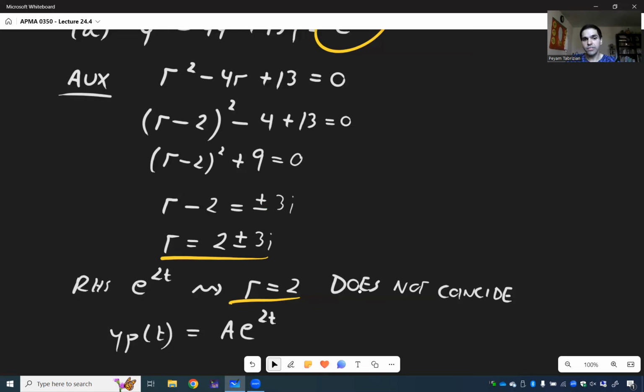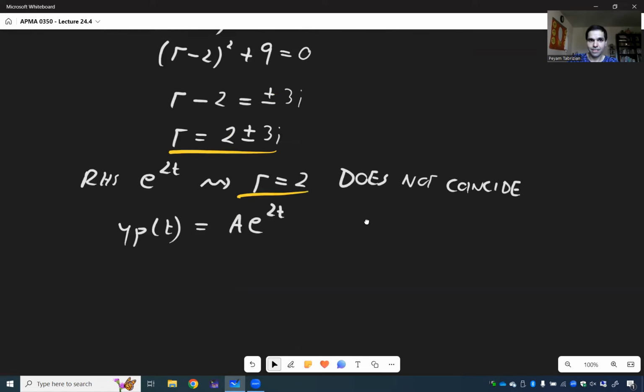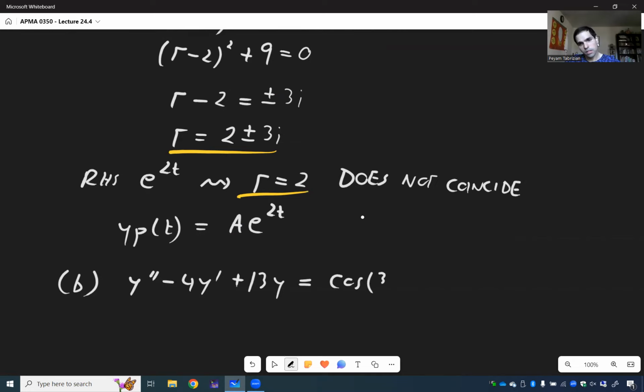All right, let's continue. Let's do y double prime minus 4y prime plus 13y equals cosine of 3t. Again, no need to reinvent the wheel. The homogeneous roots are 2 plus minus 3i. So now the right-hand side is cosine of 3t. Again, backtrack: what root would give you cosine 3t as a homogeneous solution?